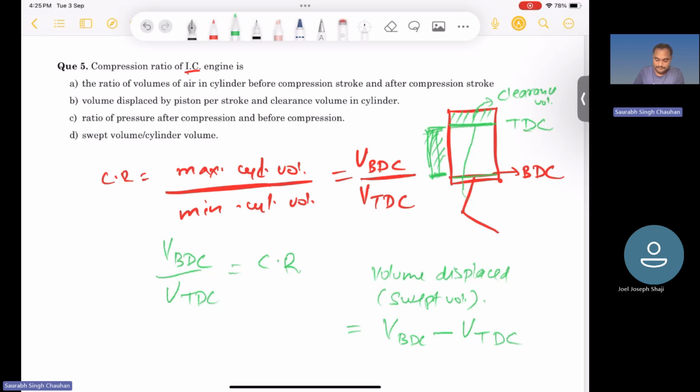So I hope this is clear that part A is the correct option. Compression ratio of an engine is the ratio of the volume of air in the cylinder before compression, that is the total cylinder volume, to the volume of air after compression, that is the clearance volume. I hope this is clear, and we can move to the next question.